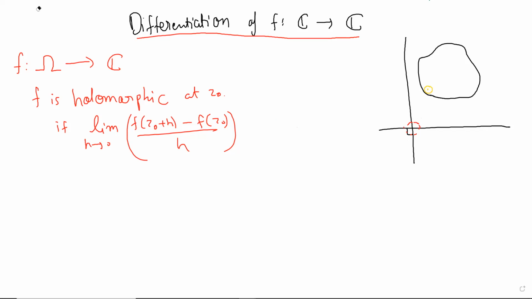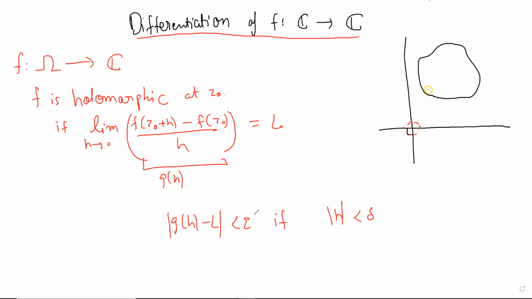So one can even break this down further. This limit being L means that this quantity g of h can be made epsilon close to L if h is delta close to 0.